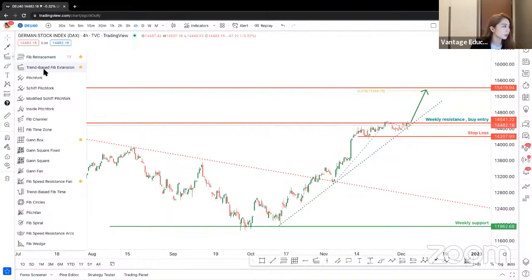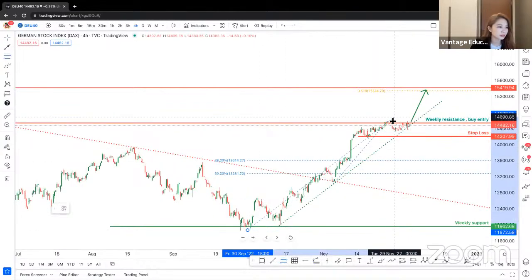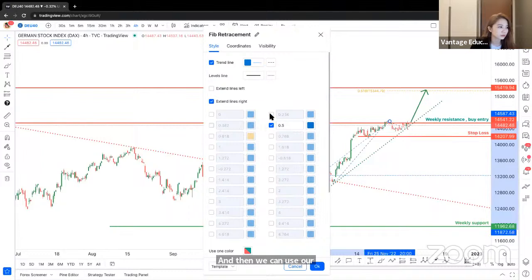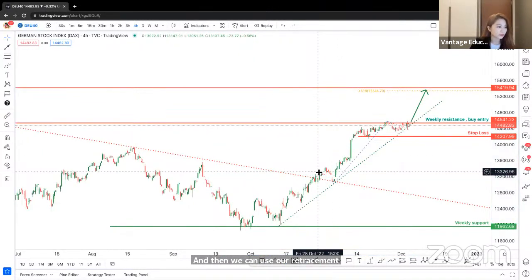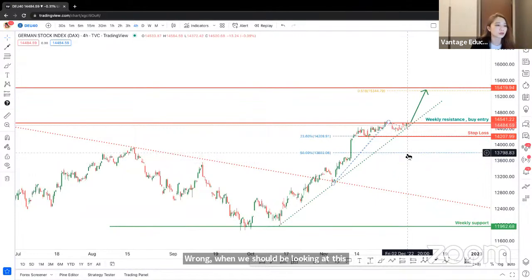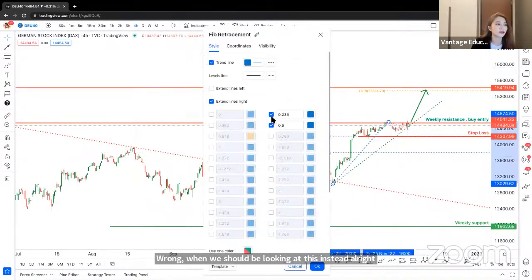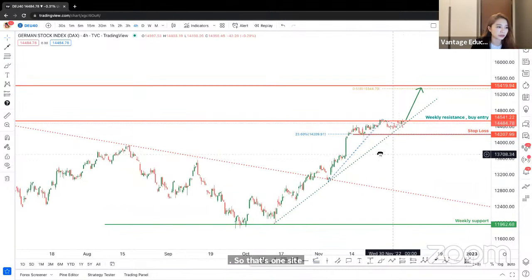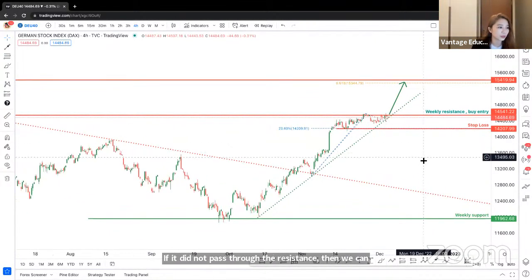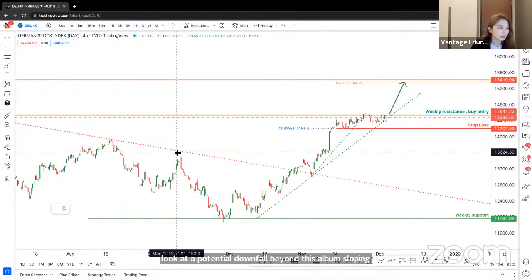And then we can use our fib retracement. Wrong movement, we should be looking at this instead. So that's one side. If it did not pass through the weekly resistance, then we can look at a potential downfall beyond this upward sloping movement. Looking at this.